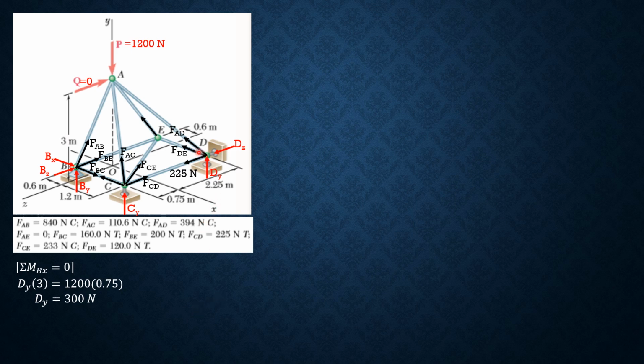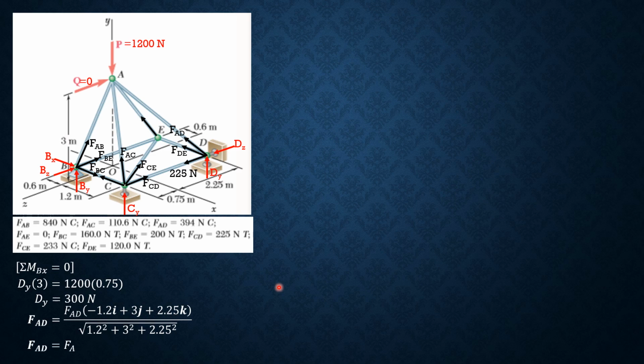So there's a need to express FAD in vector form. FAD is negative 1.2i, positive 3j, then positive 2.25k over distance, square root of 1.2 square plus 3 square plus 2.25 square.